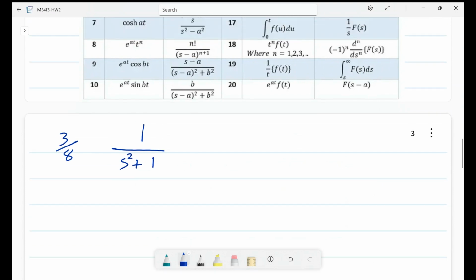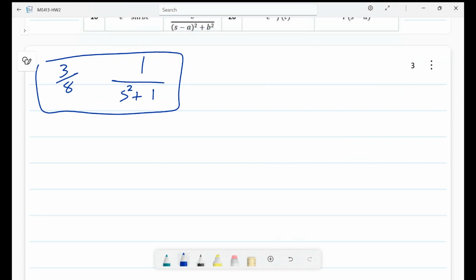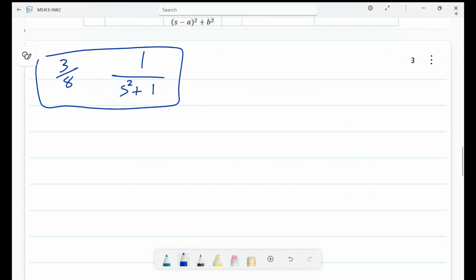This will be our first term, and the second term is minus 3 over 8 over s squared plus 9. But we need to have in the numerator just 3, not 3 over 8. So what we need to do is multiply by 8 up and down, which is simply multiplying by 1.